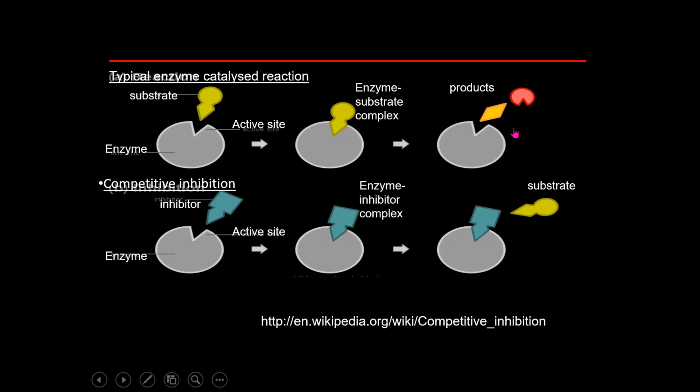So when you design a drug, you design one that will go and bind to that active site, so the substrate cannot bind, and the product is not formed. That's called competitive inhibition. The drug binds to the same place as your substrate.